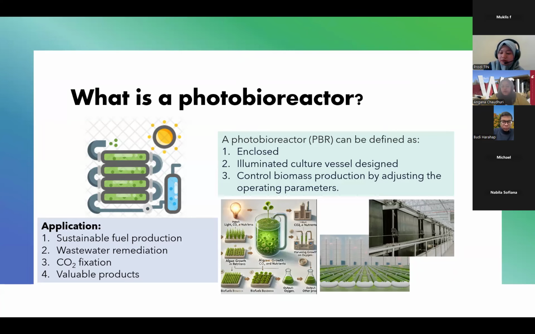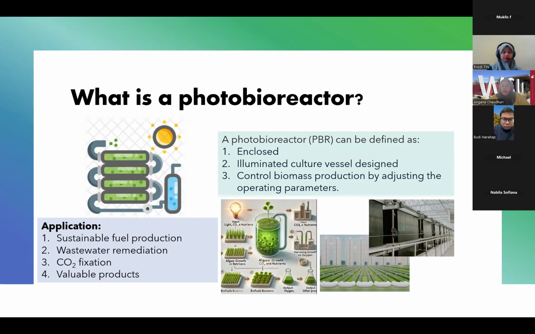This photobioreactor together means a reactor where we are growing some microorganisms which can utilize light and help in production of some biomass and bioproducts for the purpose of the industry and for the society. So we can say that the photobioreactor is defined as an enclosed and illuminated culture vessel which can be designed to control the biomass production by adjusting the operating parameters.